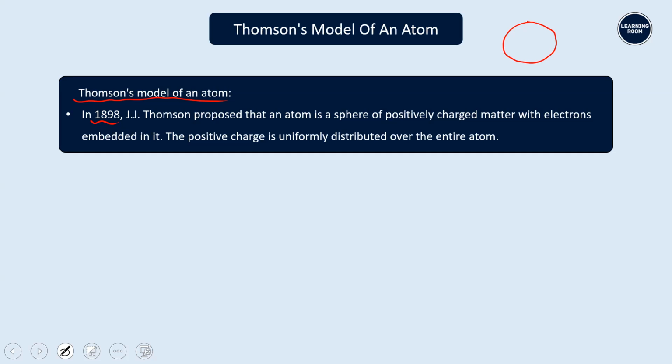And the sphere is designed in such a way that it consists of positively charged matter embedded in it. He told that atom as a whole is a sphere with complete positive charges.